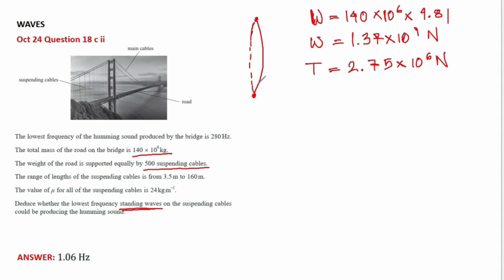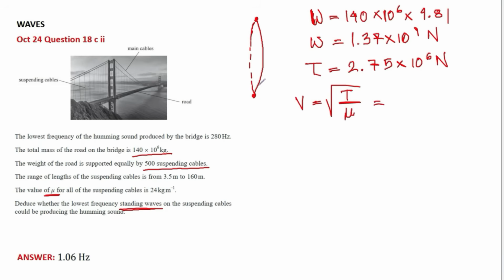Right. So when you have a standing wave and you have tension and you have mu, like I said, you have to have all of the equations floating in your head, and you just have to grab and place them during your exam. So the first equation that should pop up in your head right now is the equation that links tension, mu, and the speed. That is V equals root over T by mu.